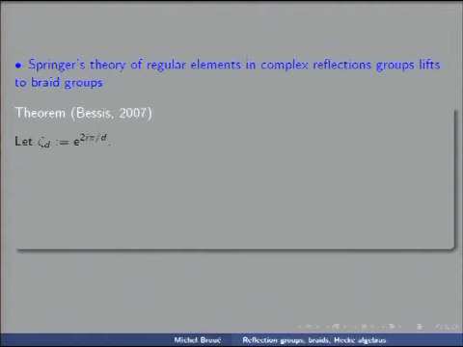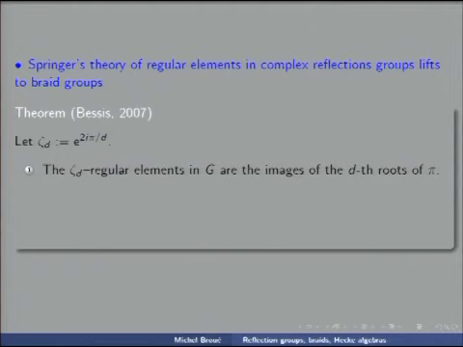Let zeta d be the distinguished d-th root of unity. Then the zeta d regular elements are just the images of the d-th root of the generator of the center. Remember this pi, the generator of the center of the braid group.